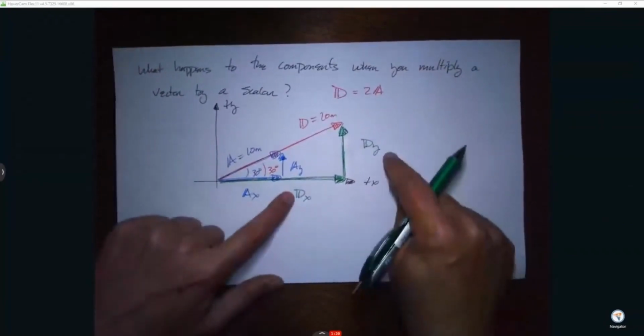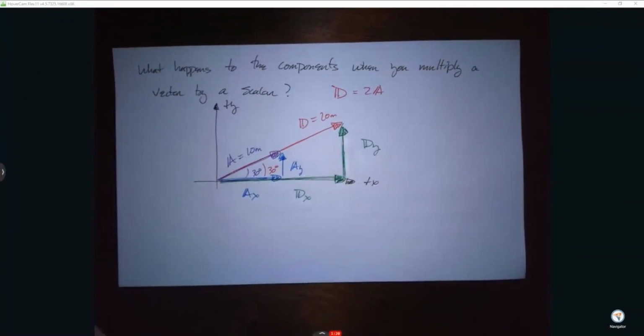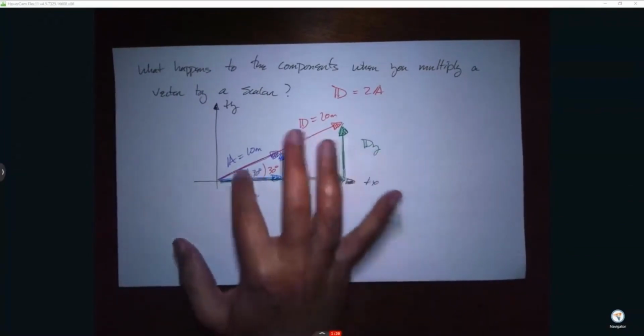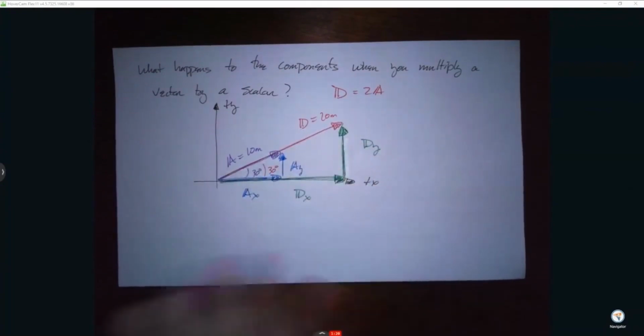The question is, how are Dy and Dx related to Ay and Ax? Well, if we look at our component triangles, the purple and blue one versus the red and green one, how are those triangles related? What's the relationship there?